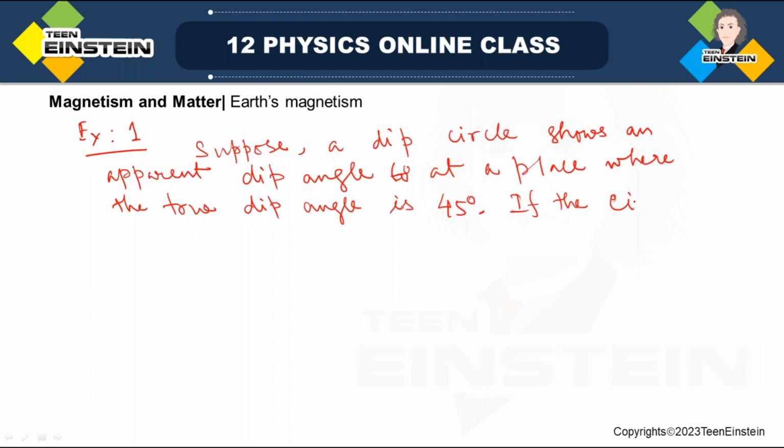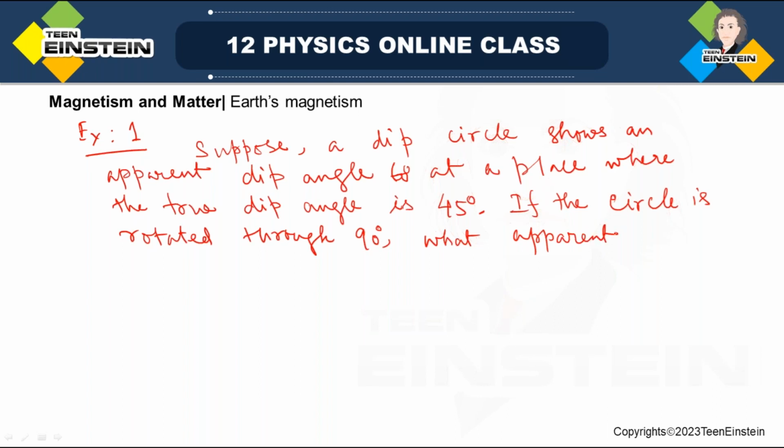If the circle is rotated through 90°, what apparent dip will it show? So this is the question.